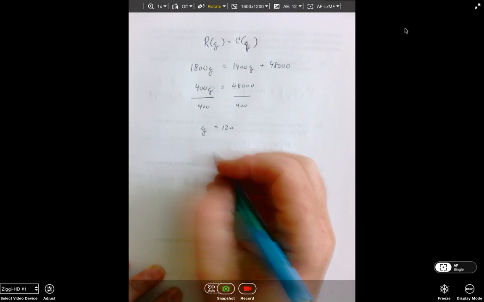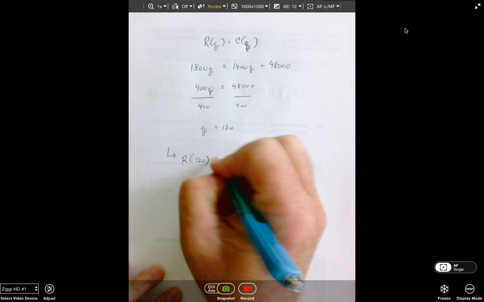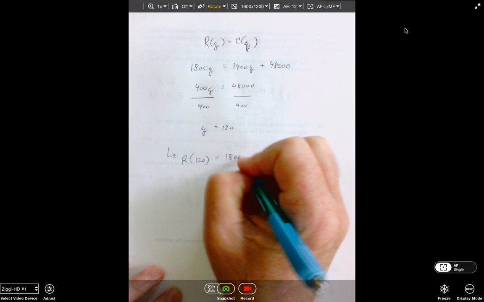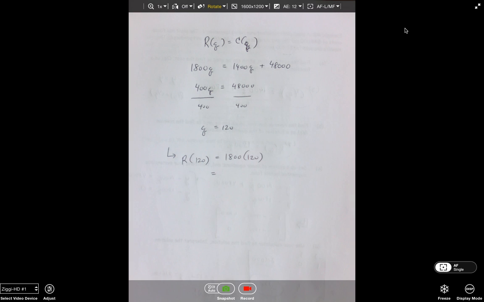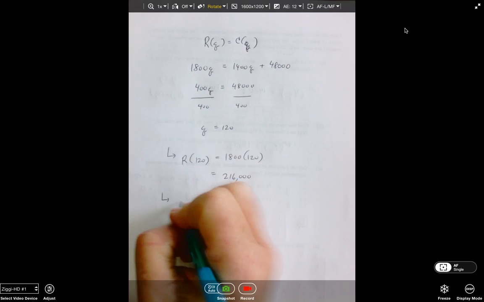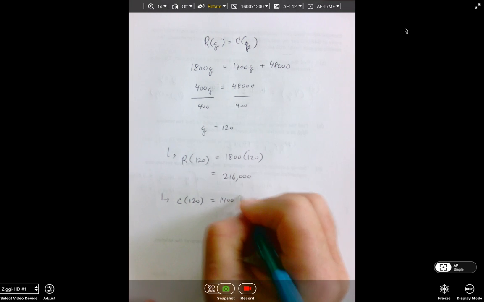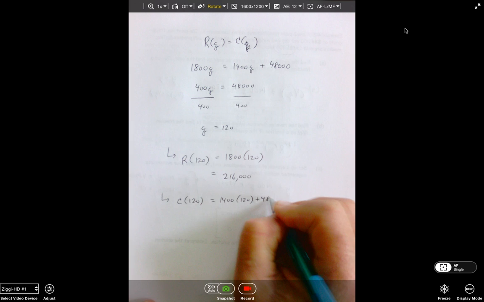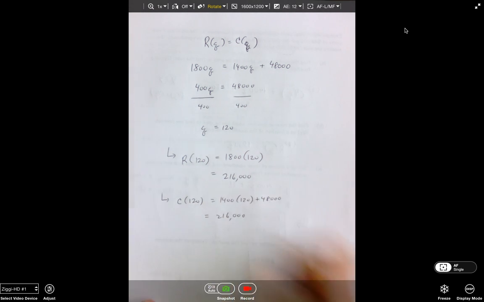But we'd have to put the 120 back into either the revenue or the cost, and it's going to be easier to put it in the revenue. So take 1,800 times 120, and you'll see that we get $216,000. This would have been equivalent if we had taken the cost of C of 120, which would also be 216,000.